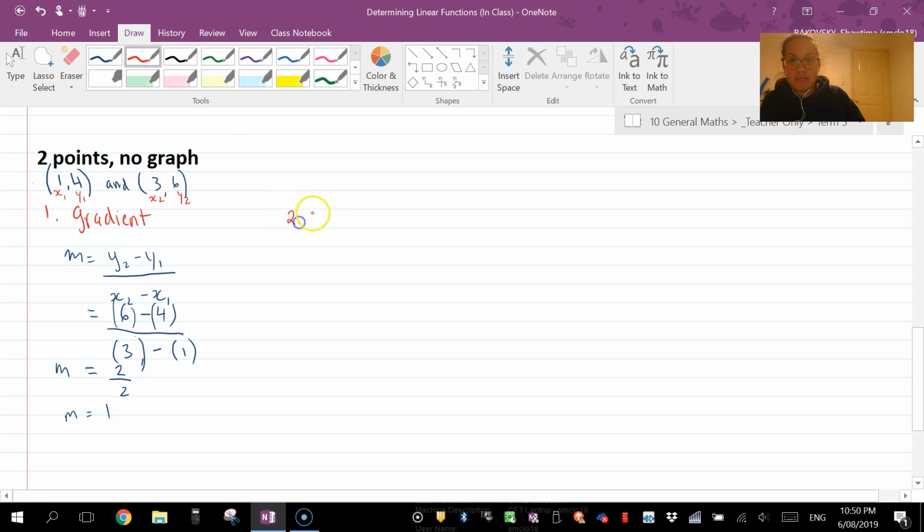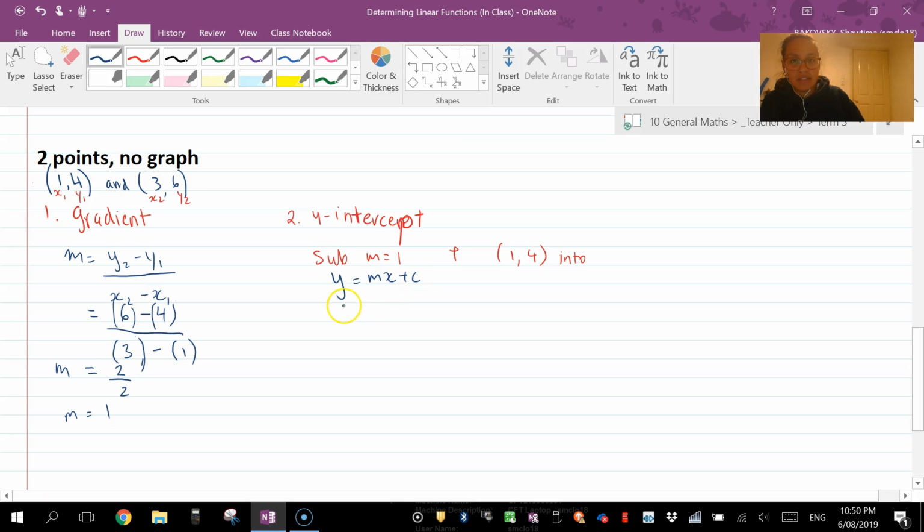my y-intercept. And I'm going to do that by substituting m equals 1 and any of these coordinates, 1, 4, into y equals mx.